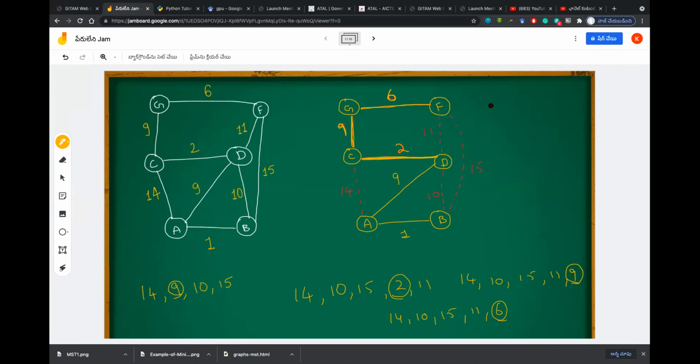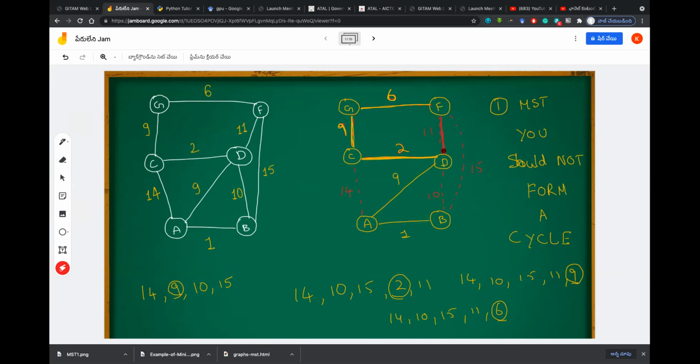Now remember, one of the very important properties of a minimum spanning tree is you should not form a cycle. So if you are trying to fill this one, then this forms a cycle.